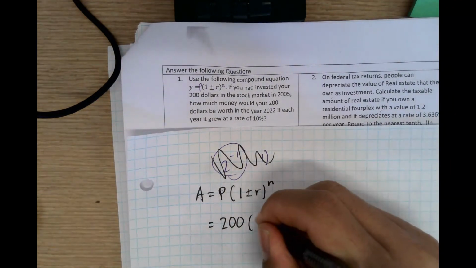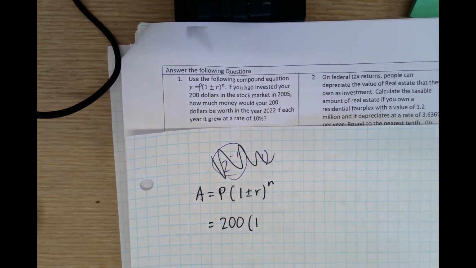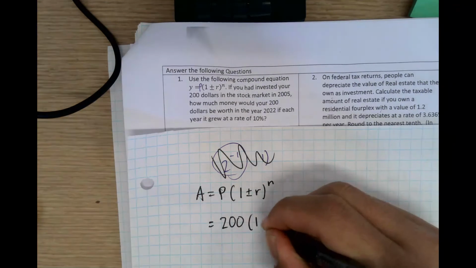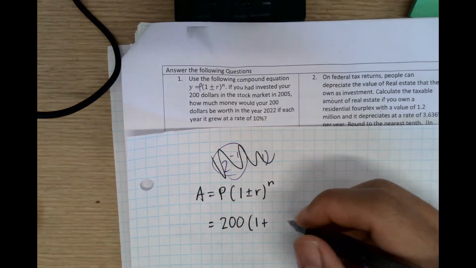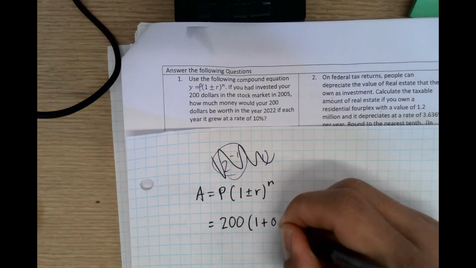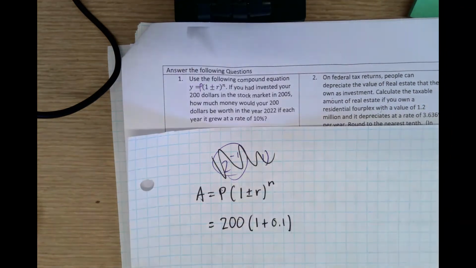In this case, it's going to be 1 plus R because it's increasing every year. It's increasing at a rate of 10%, so it's going to be plus 0.1. Okay, so 10% is represented by 0.1 because it's growing at a rate of 10%.